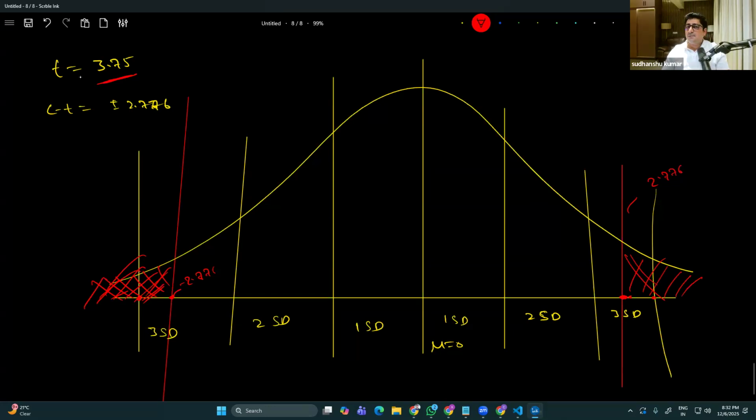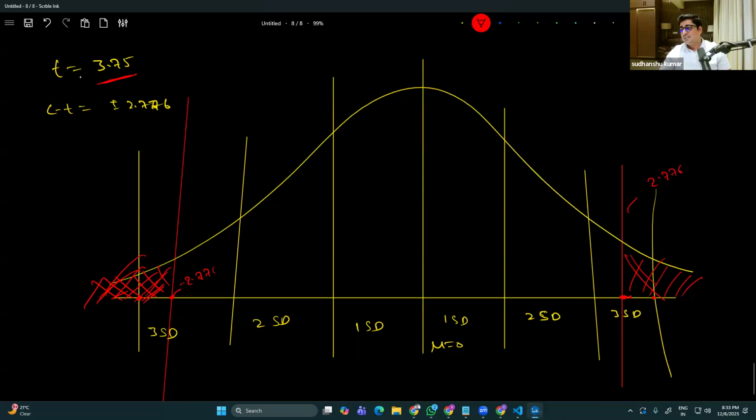Can I make a statement here? Yes, everyone, or no? Yes, I think this is what we were trying to understand. Now tell me, will we reject or will we accept? Everyone is saying reject, reject, and reject. The reason is very simple.